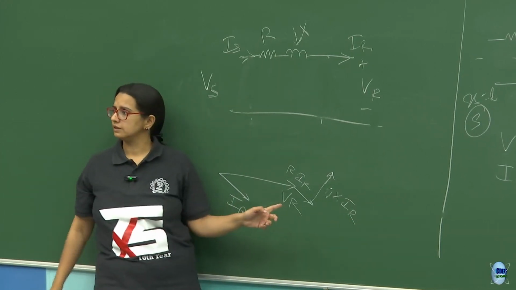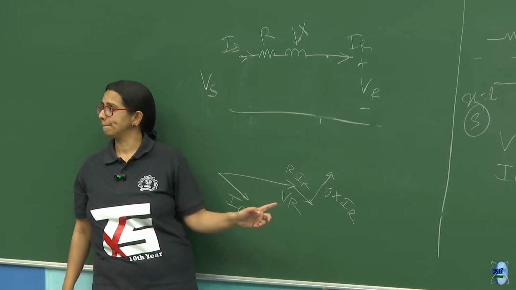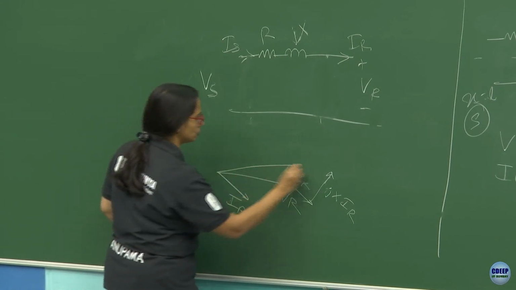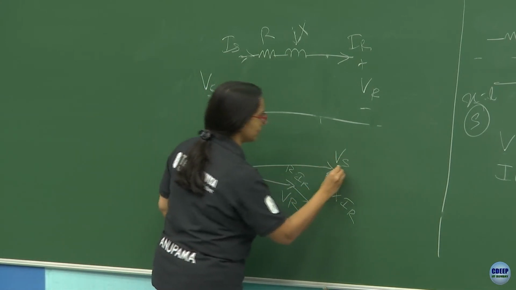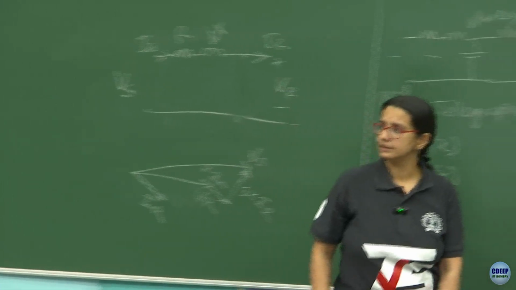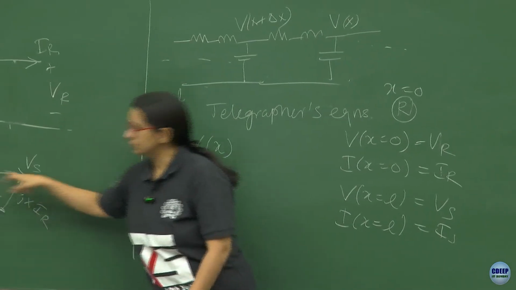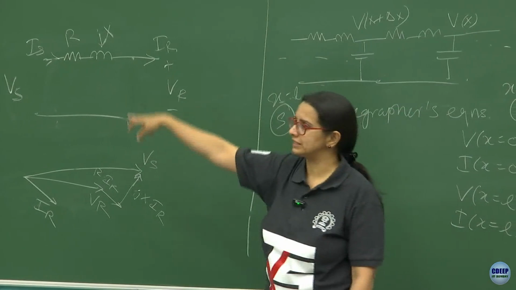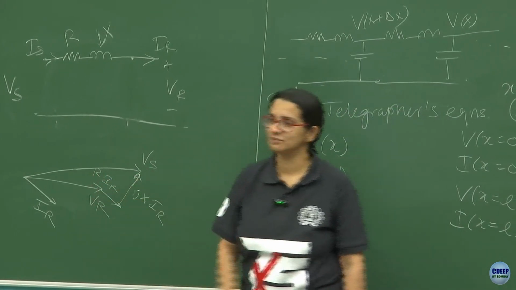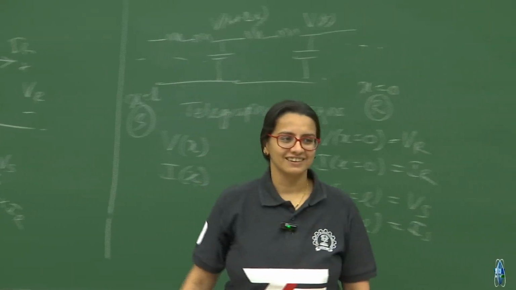Correct? So far so good? And then I'm going to join all of this and I'm going to get my Vs. The magnitude, and I'm sorry, that's a much better diagram, you can see I'm going a little bit curvilinear, apologies.